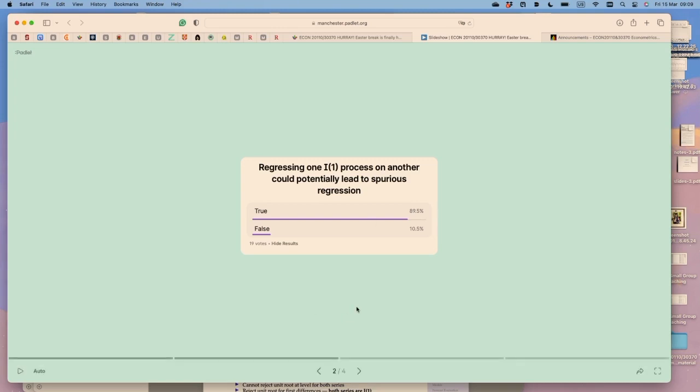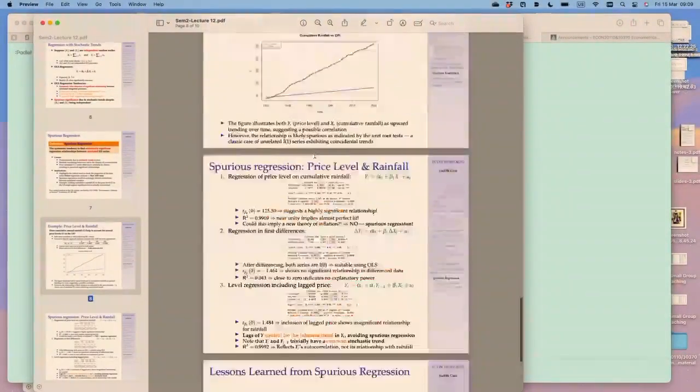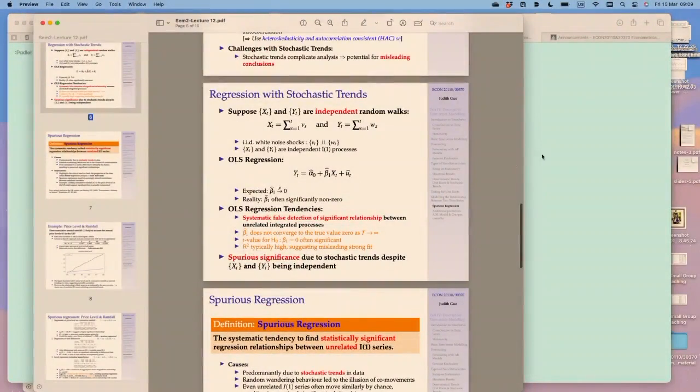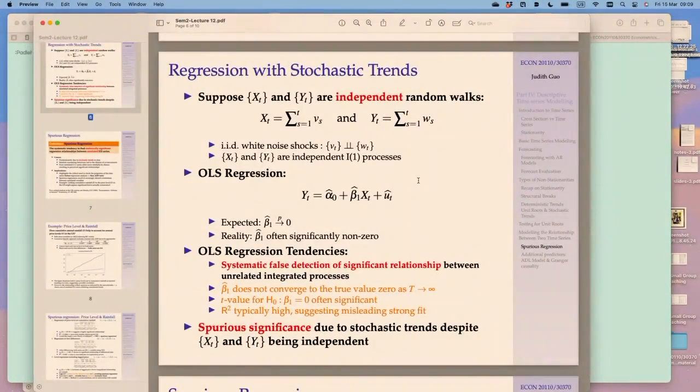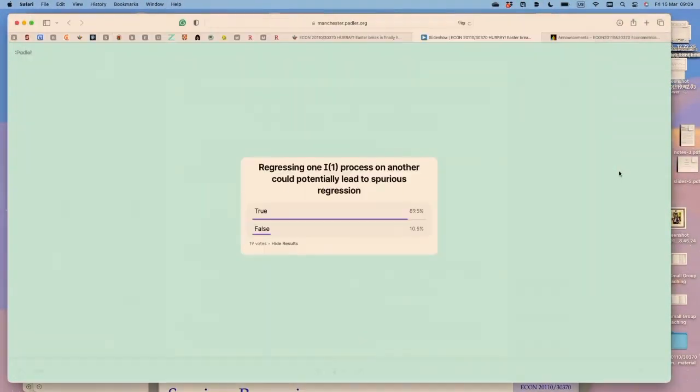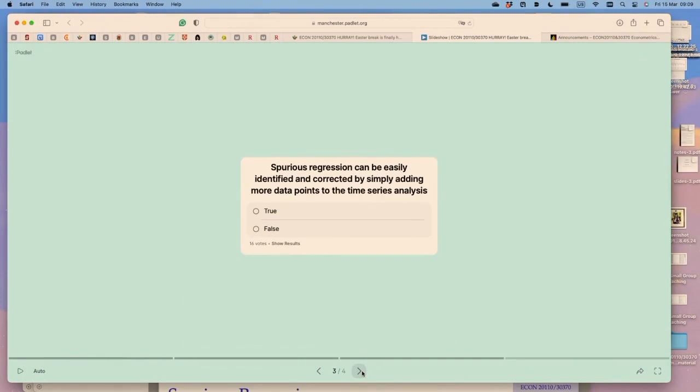So this is a true statement. Whenever we run a regression of one I1 on another in levels, we always risk a spurious regression. So this is the first one.